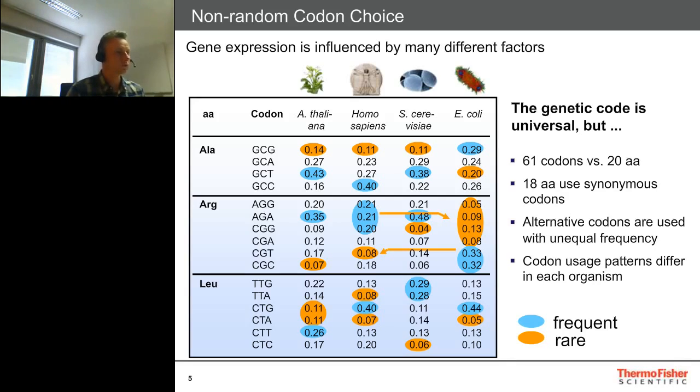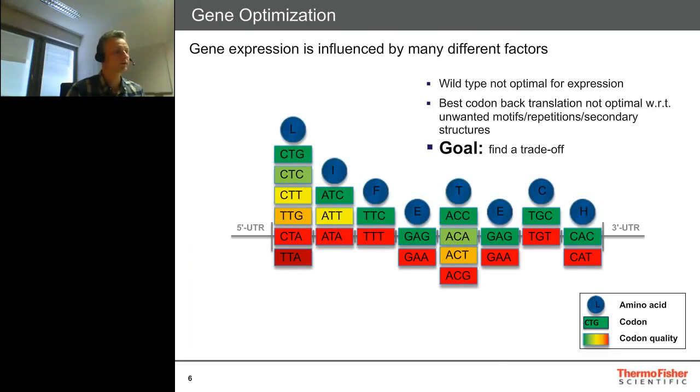And codon usage is not the only factor that needs to be considered when optimizing genes, there are also many other factors, and these factors need to be weighted. So that means it is always a trade-off between codon optimization and RNA optimization, right?